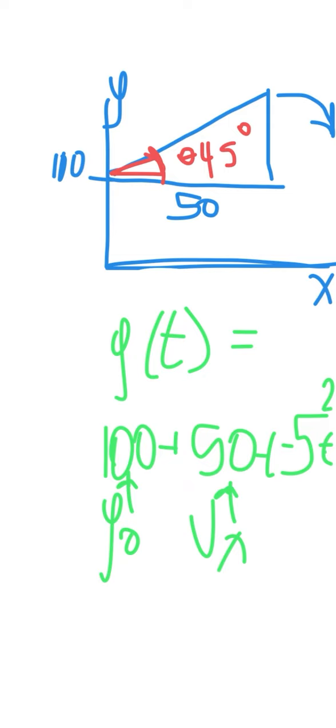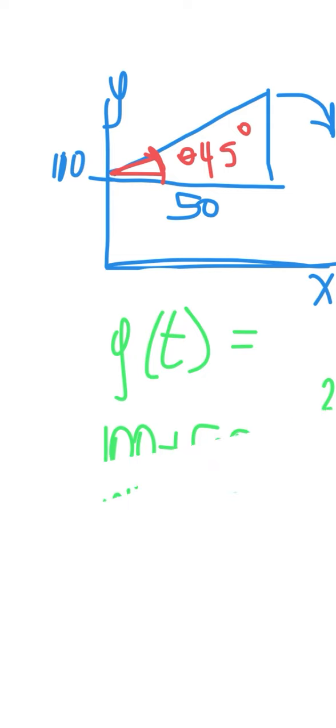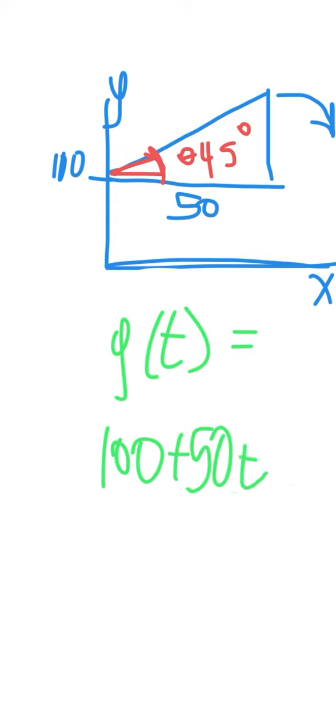So let's write this out again a little bit nicer. So y of t equals, as we said before, 100 plus 50t minus 5t squared. So now we have found the equation for y of t and also x of t that we did before.